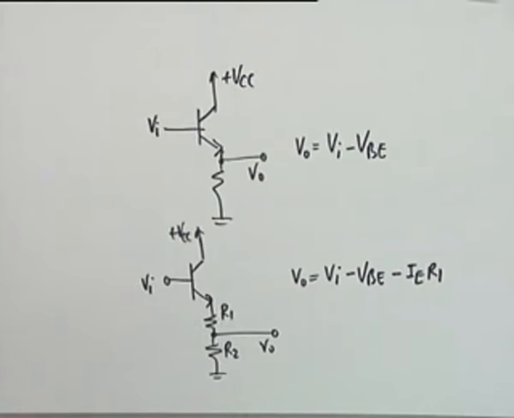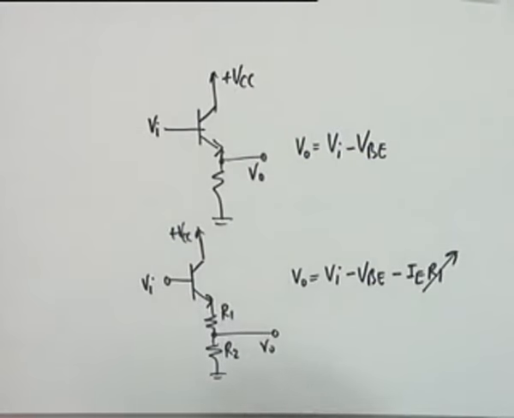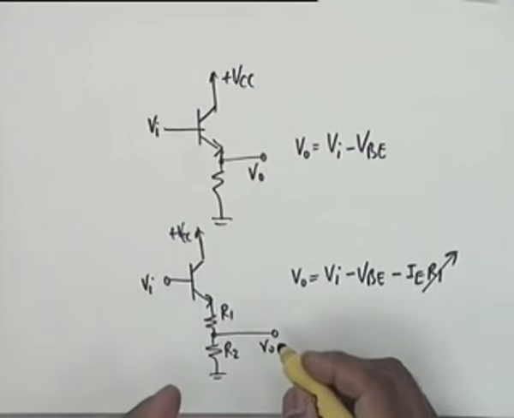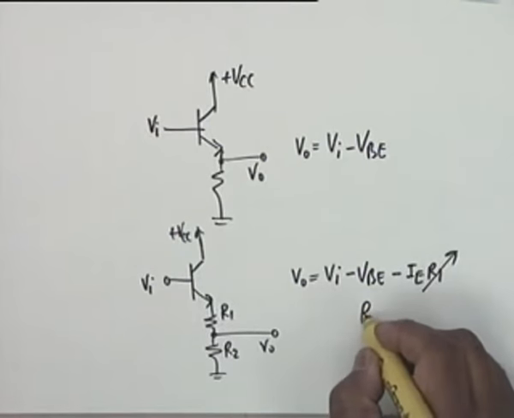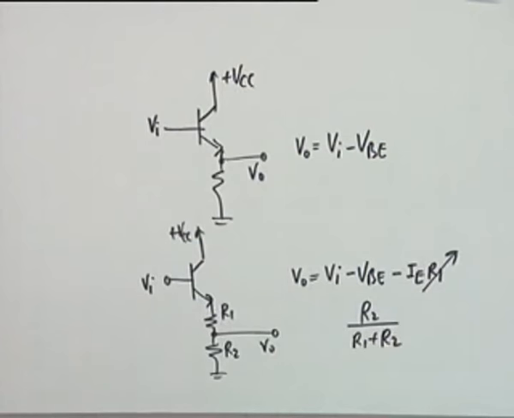Agreed? By changing R1 you can shift it by any amount, but obviously the disadvantage is that the signal itself gets attenuated by the amount R2 by R1 plus R2. We don't want this, and therefore we have to do something about it.